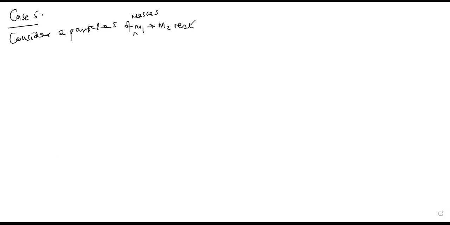So for case 5, we're going to consider two particles of masses m1 and m2 resting on smooth faces of a double inclined plane.